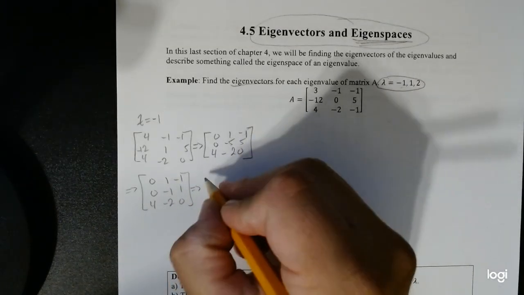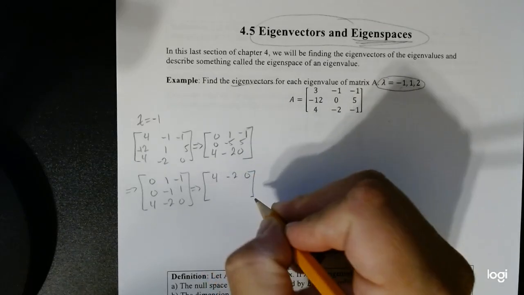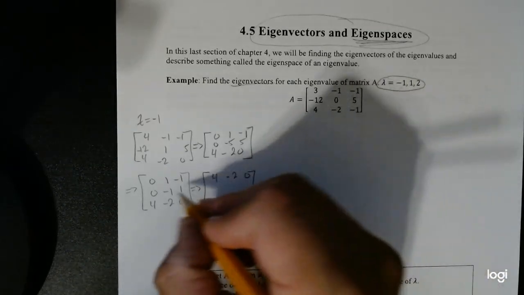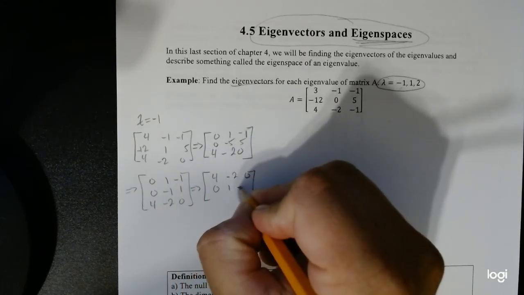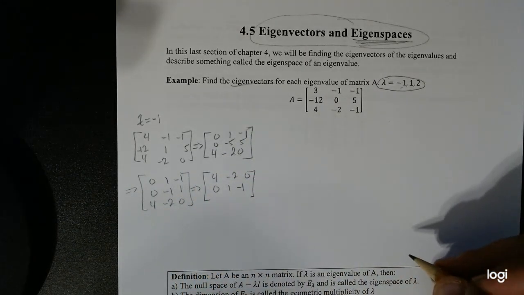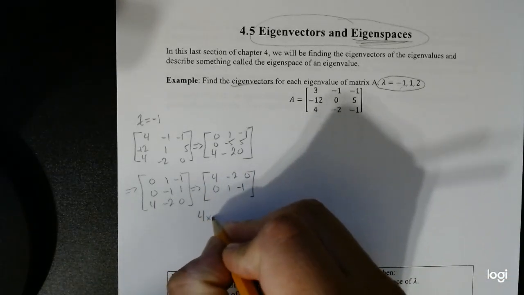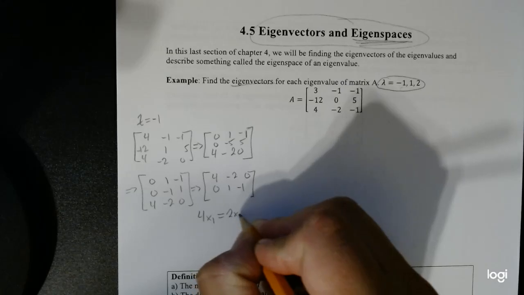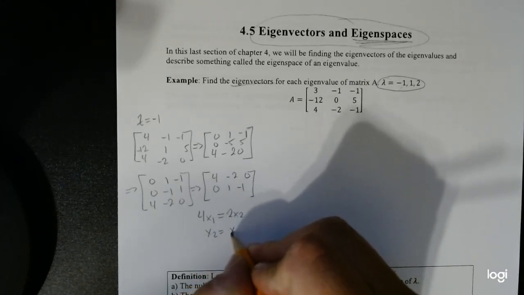So if I rearrange this a little bit, put this on top, and leave this one here, it gives me that. Therefore, 4x1 is equal to 2x2, and x2 is equal to x3.